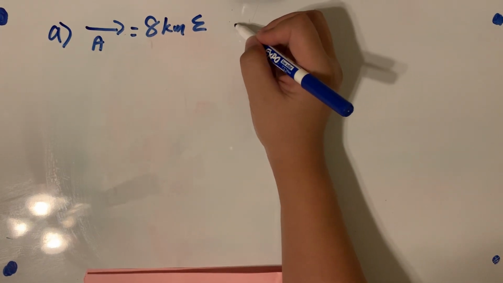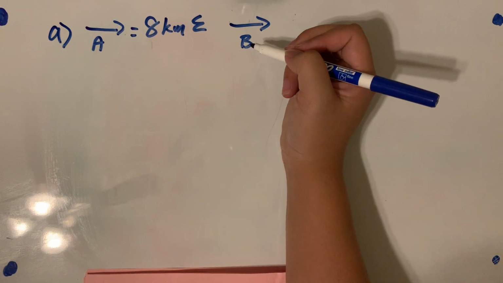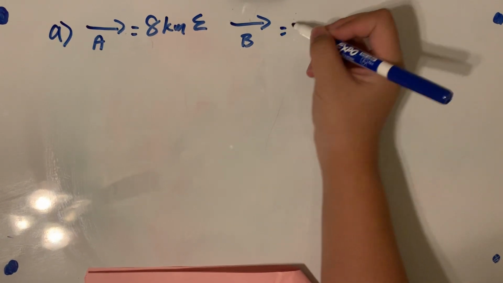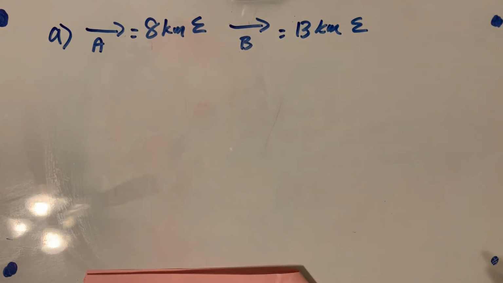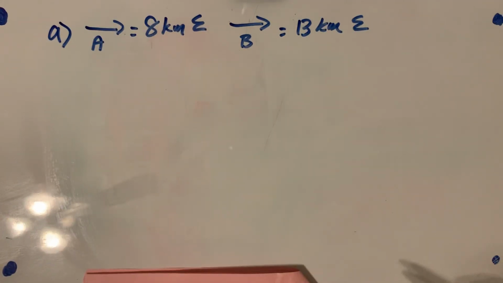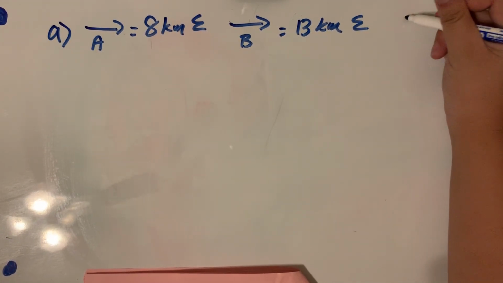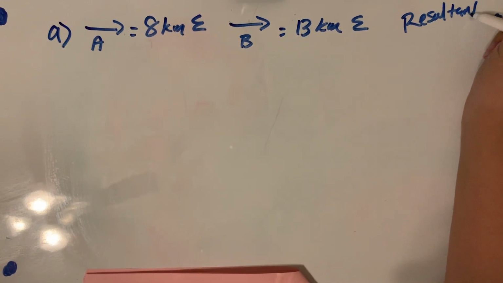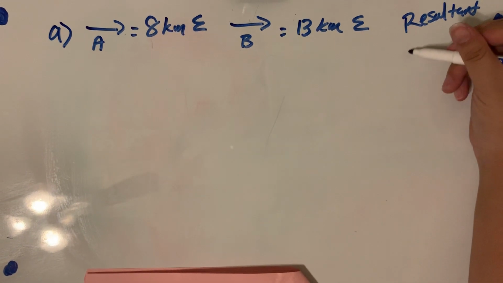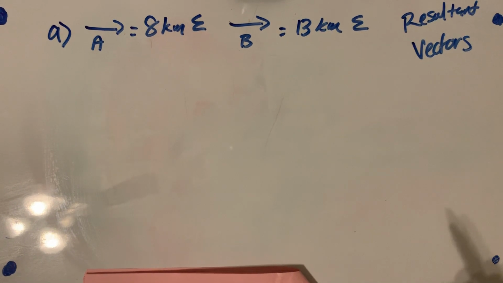And then you have vector B, that is equal to 13 kilometers east. You have to give me the resultant vector. All of these are resultant vectors. So whether you add or subtract them, what's the answer? How are they gonna look?